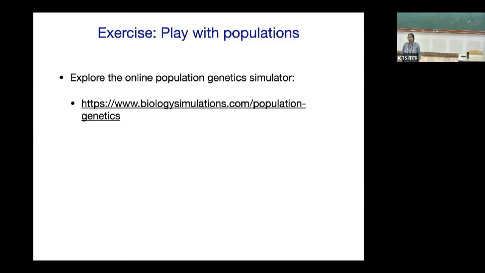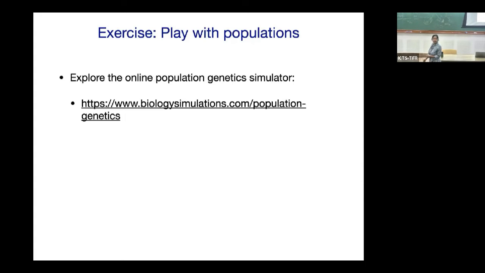You have the ability to dial up and down the selection pressure, the selection against or favoring each allele. You can have heterozygote advantage or not. You can change your population size. You can simulate for as many times as you want. I think there's some limit because it's a web server. Those of you who don't have laptops, just share with your neighbor, right?